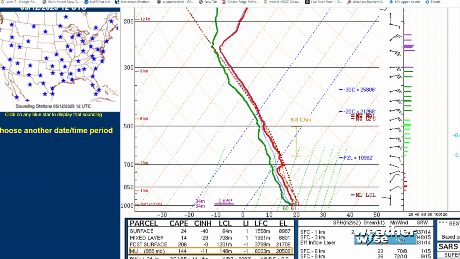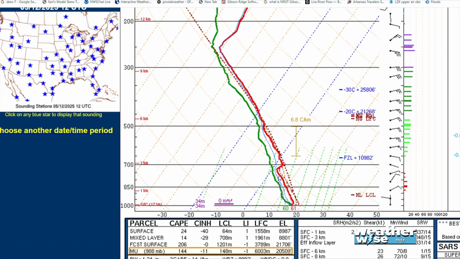So 0 degrees is 32 in Fahrenheit. 10 degrees is 50 in Fahrenheit. 20 degrees is 68 in Fahrenheit, and 30 is 86 in Fahrenheit. Follow this red line, and you can see the temperature, of course, decreases with height.